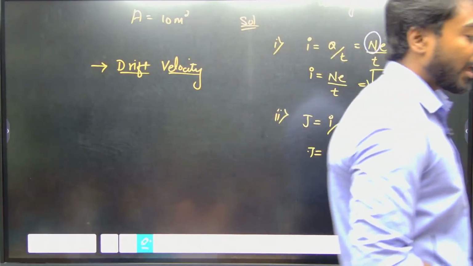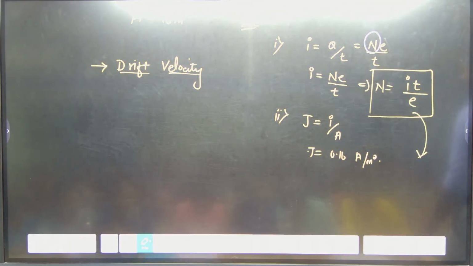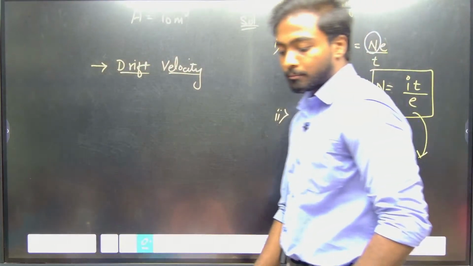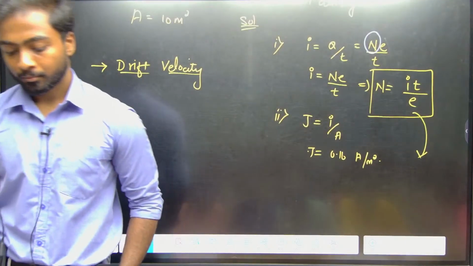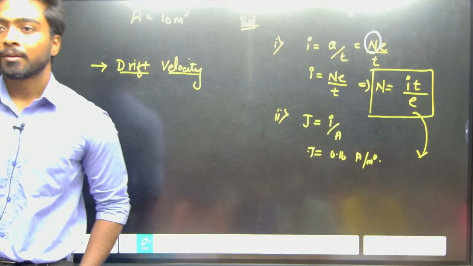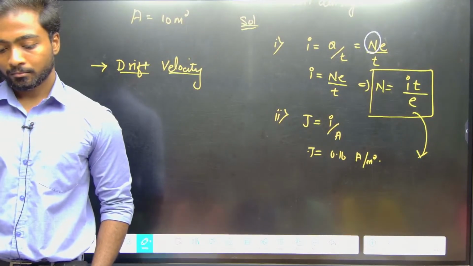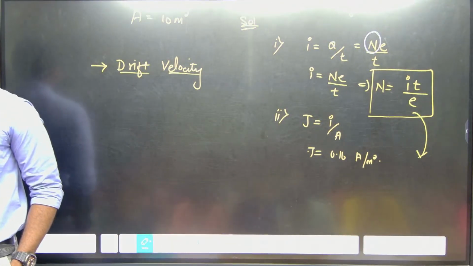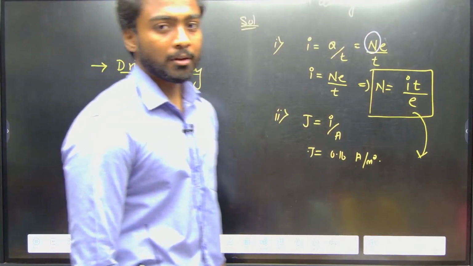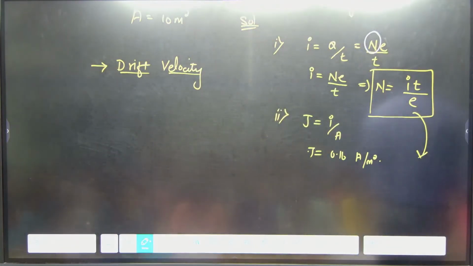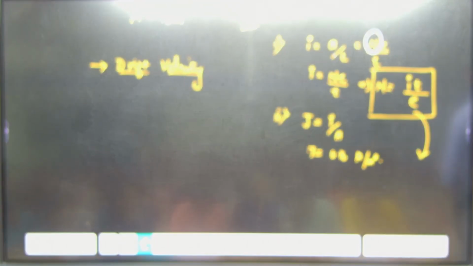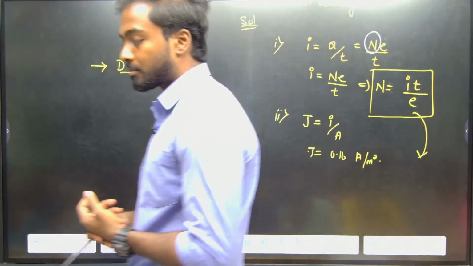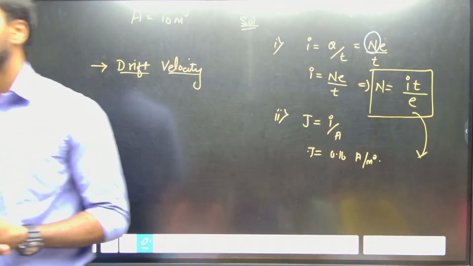First point, it is the average velocity of an electron with which it drifts upon application of potential difference.